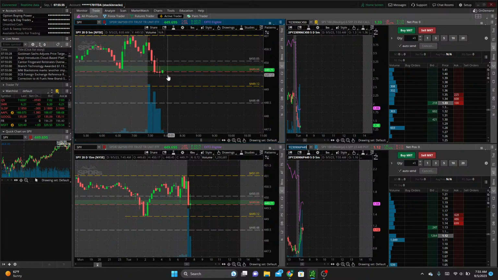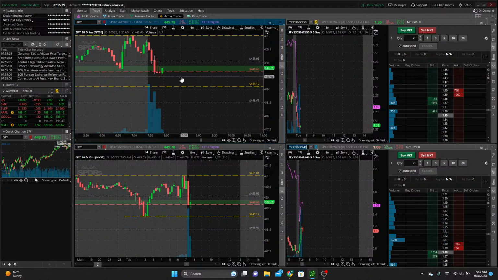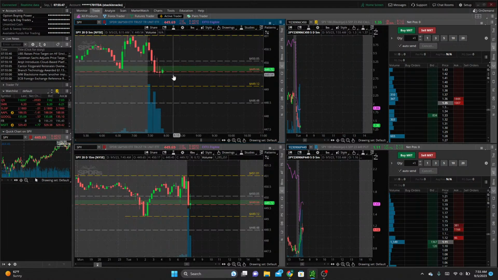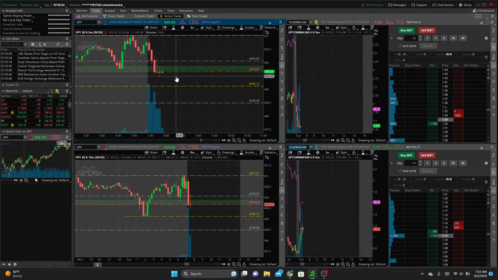There's kind of a weird situation here. We're right at this level, pretty small candle bodies. Ideally, I'd want to see a clean break below and a retest. We are sort of getting a retest here. You can see these longer upper wicks, but it is a little bit odd price action.